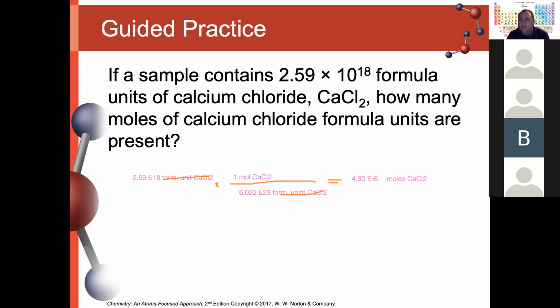So if you're not familiar with how to use your calculator to do scientific notation, let me know. I'll try to walk you through it separately, at least as best as I can with what I have to offer. But it's really important that you know how to use your calculator, especially for these kinds of functions.